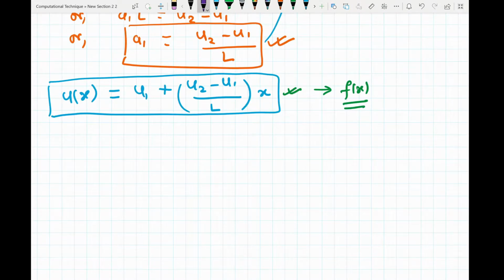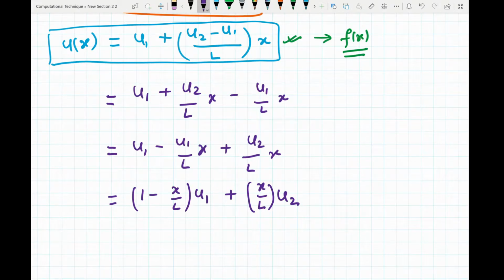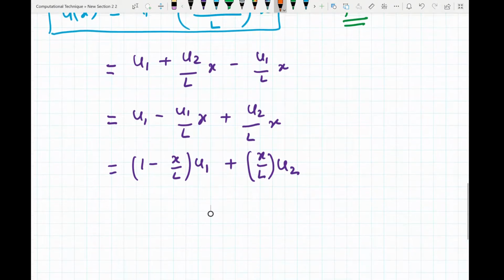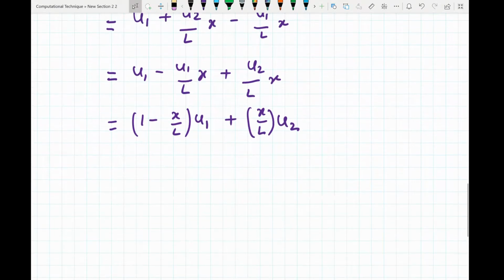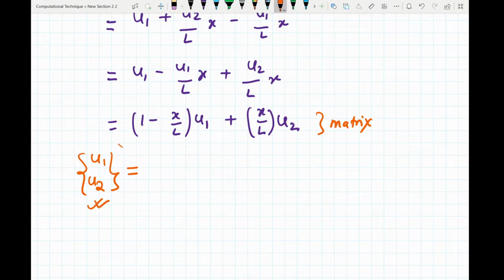Now what we'll do here is we'll rearrange this. The reason we are doing this is we want to write this in a matrix form, because what we would have done earlier is that we would have obtained our displacement solution in this form, which is the vector form.